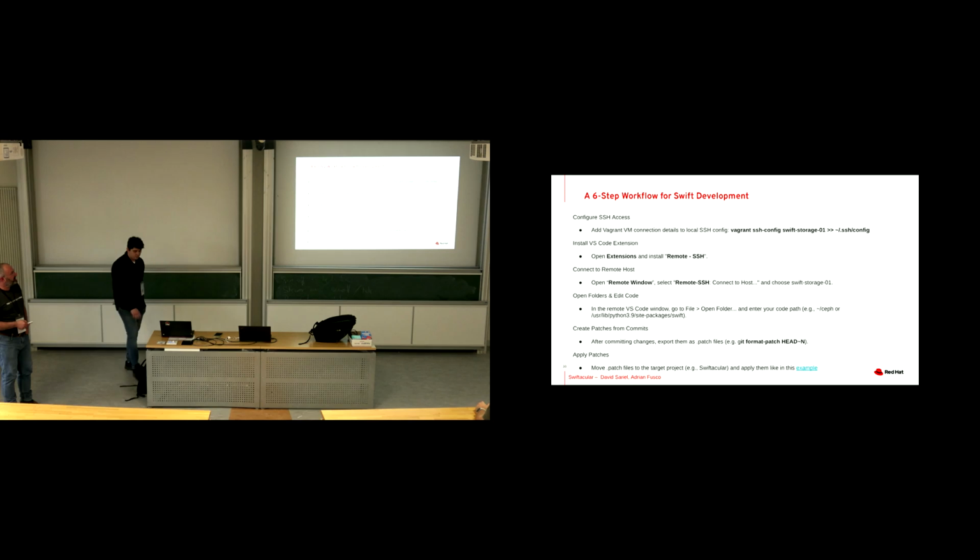It's very easy using the Vagrant command to create an SSH config and then install the Remote SSH plugin in VS Code.